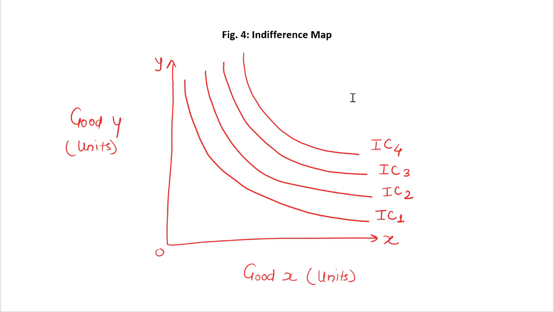So indifference curve 4 is better than indifference curve 3, indifference curve 3 is better than 2 and 2 is better than 1. That simply means that IC4 will offer maximum level of satisfaction.